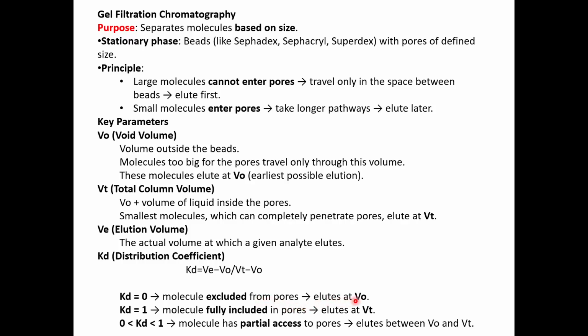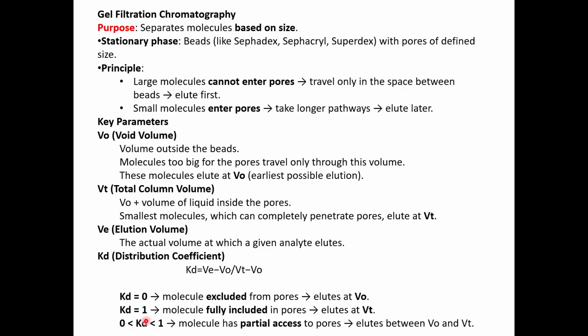So it elutes at V naught, that is, in the void volume. If your KD is equal to 1, the molecule is fully included in the pores. It's so small that all your protein has entered your pores, and it elutes at VT, the total volume, because your molecule goes completely through all the pores.